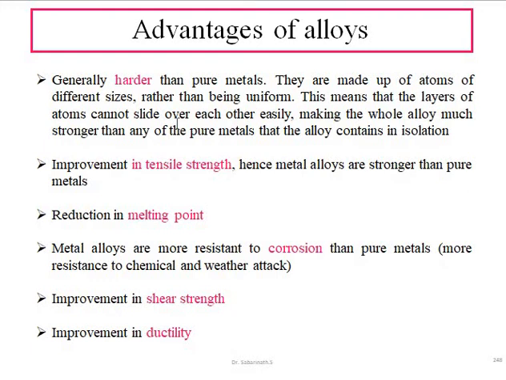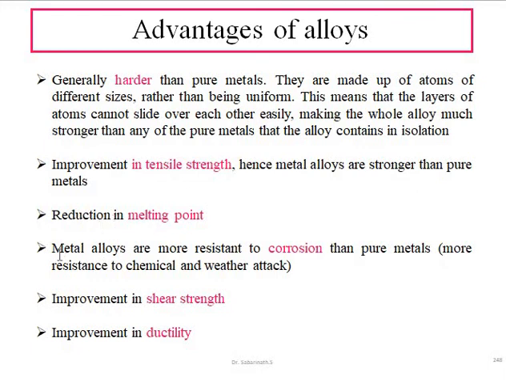What will happen is that it will restrict the sliding movements, crystalline sliding movements. Similarly, other properties: it will improve the tensile strength, it will reduce the melting point, and this particular thing we will see in our coming slides, where we will discuss the phase diagram.